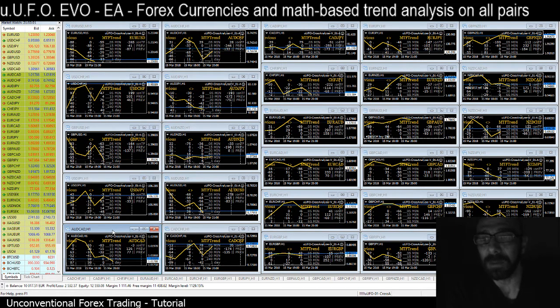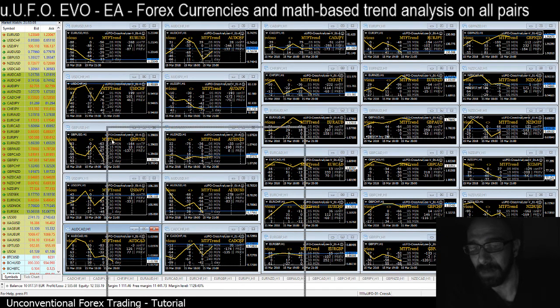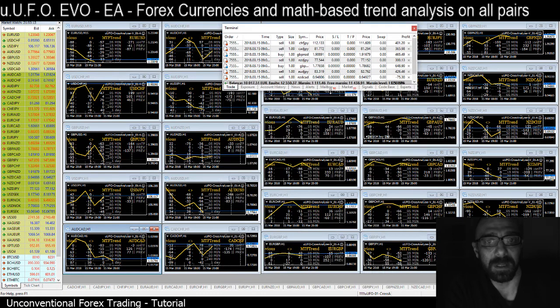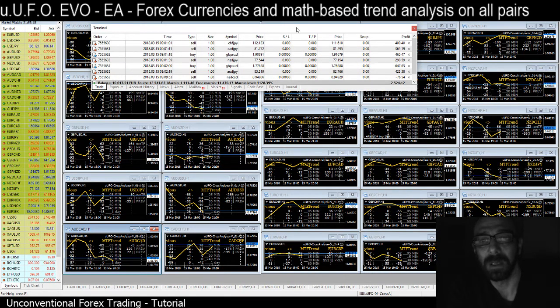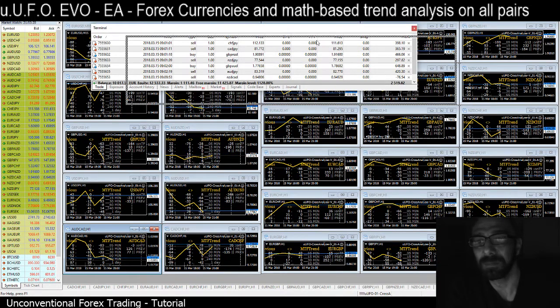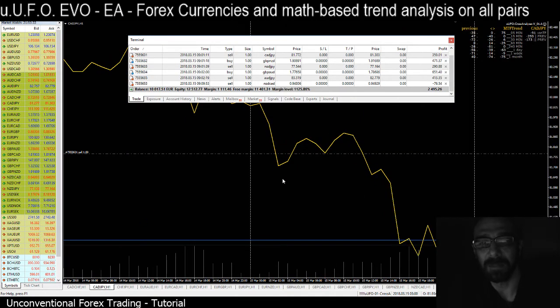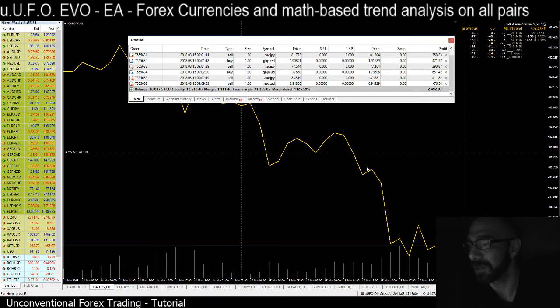Okay, so let's take, for example, I was having my trades here. Let's get rid of this, and let's do this as well. Okay, so these are my trades. CAD yen. Take CAD yen, and CAD yen, I have a sell situation.